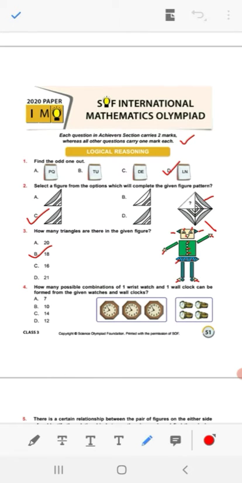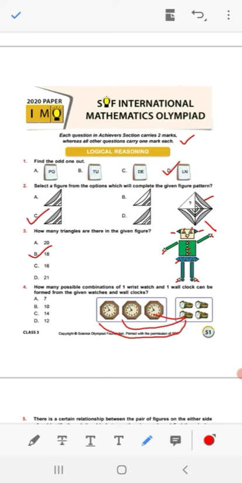How many possible combinations of one wristwatch and one wall clock can be formed from the given watches and wall clocks? If we combine one wristwatch with the three wall clocks, then we get one combination, 2, 3.